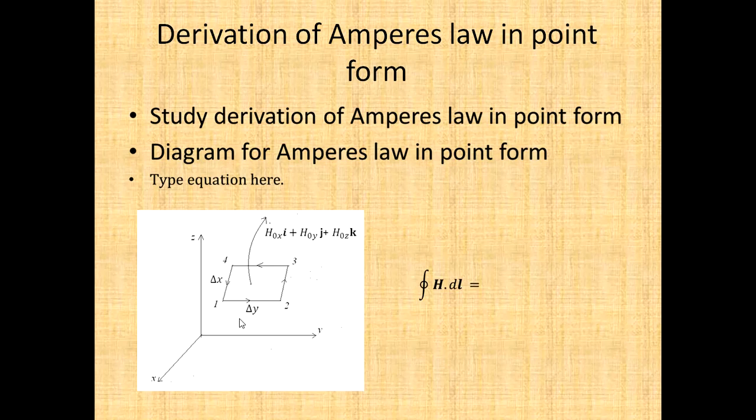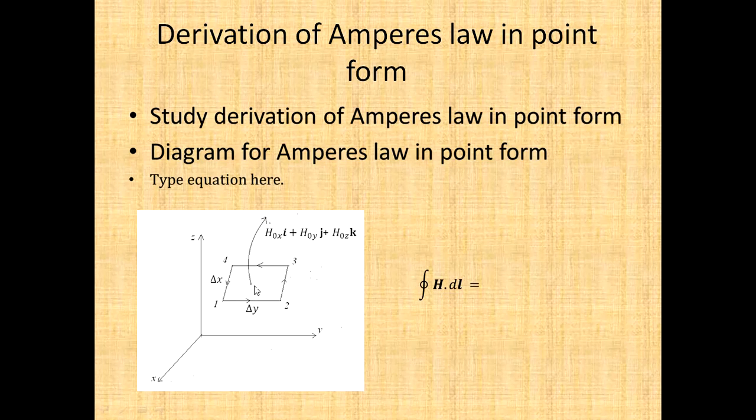At the center there is a magnetic field intensity having three components, Hx, Hy and Hz. With respect to the center, following this closed path, we have to find the closed integral of H bar dot dl bar.